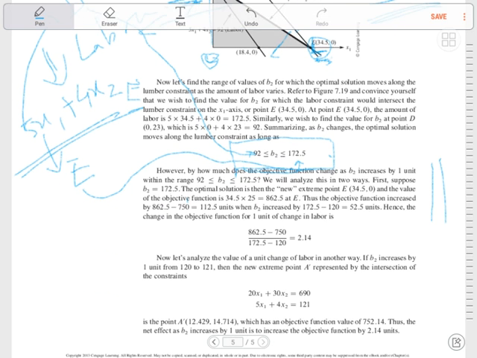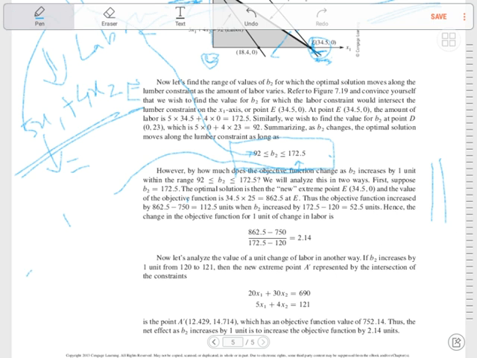So what is the objective function value? Z at the point E is the objective function value, and that is what they are calculating here. What was the objective function? 25x1 plus 30x2 equals Z, as we just did in the last one.